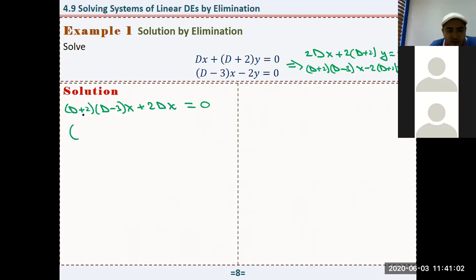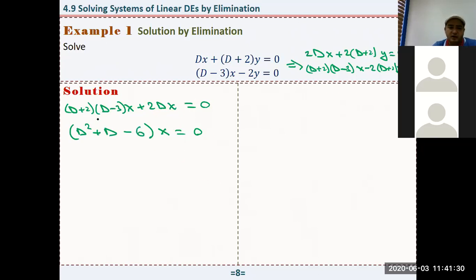If we remove the brackets and simplify, I get an expression in D. Here we have D squared, negative 3D plus positive 2D. The sum is minus D plus 2D, that is plus D, right? And 2 times minus 3, that is minus 6, times x equals 0.